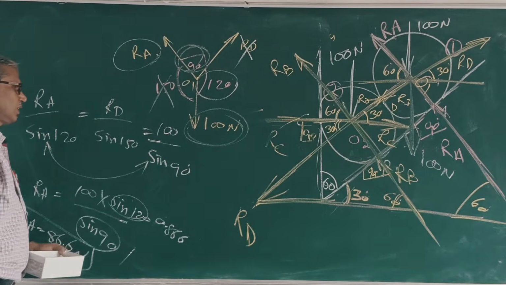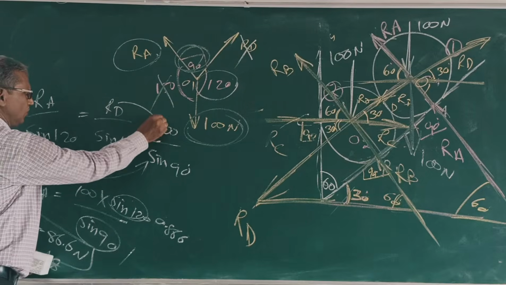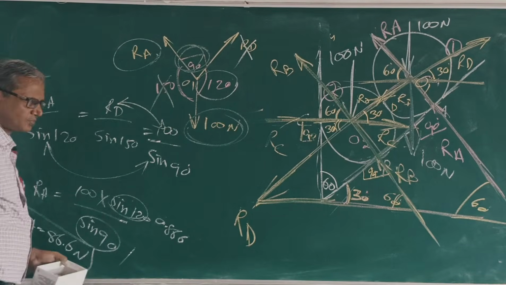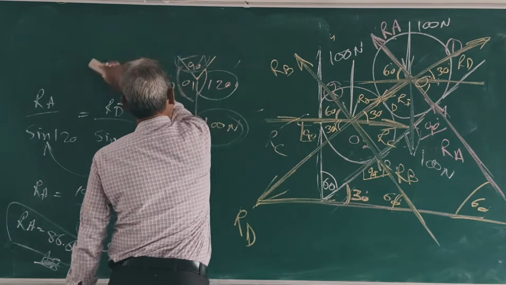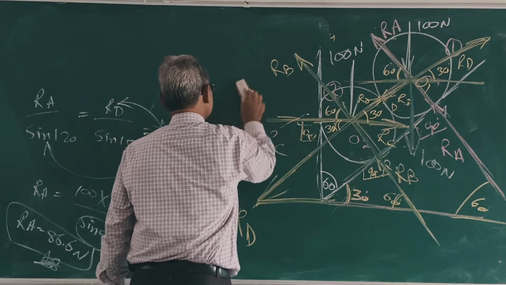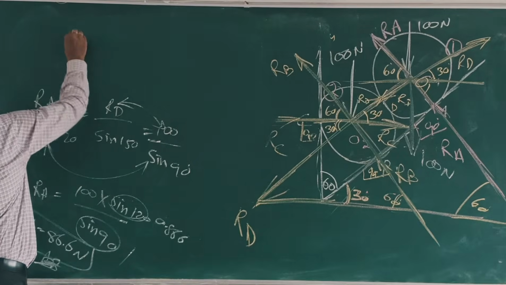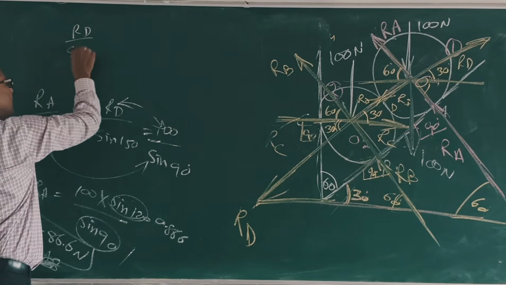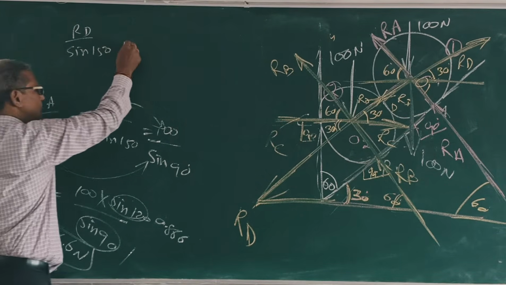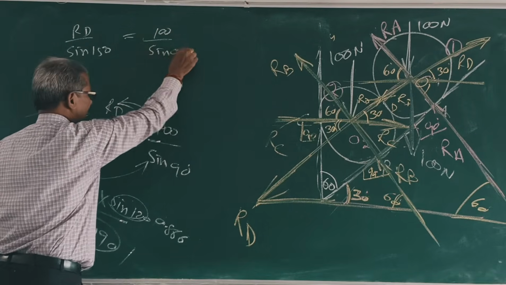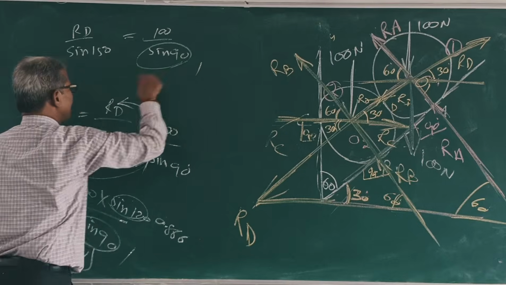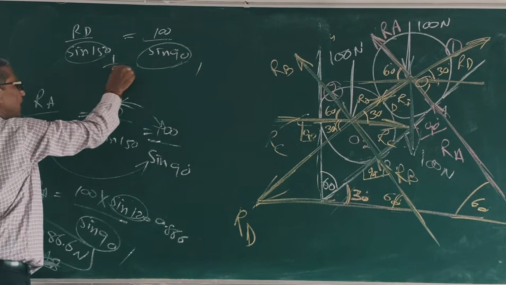Equating these two, RD by sin 150 is equal to 100 by sin 90. What is sin 90? 1. What is sin 150? Half. Clear?